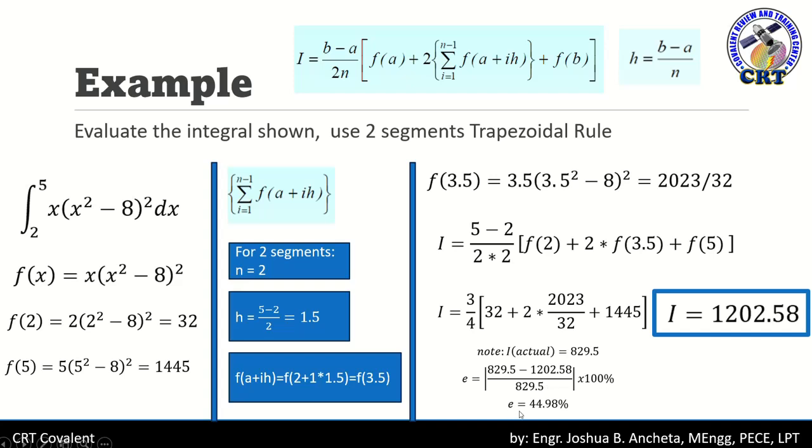So this will give us 44.98%. This is still a large error, but compared with the previous one, this is better. So meaning as you increase the number of segments, you can have a lesser error.